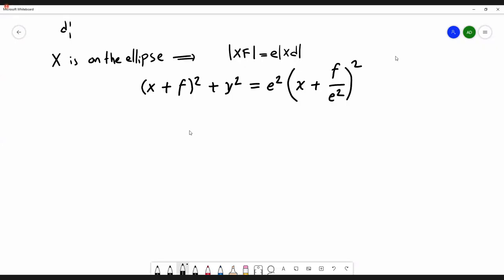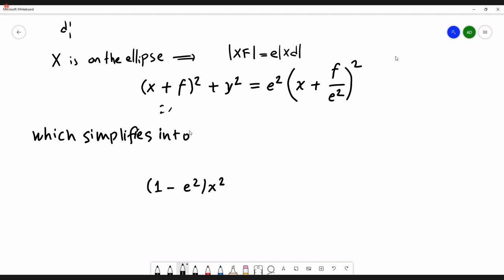Now, we have obtained some equation which simplifies into (1 minus e squared) x squared. When we expand this, x squared minus x squared e squared gives us (1 minus e squared) times x squared. Now, here we will have 2xf.